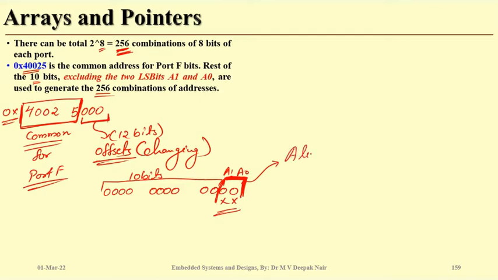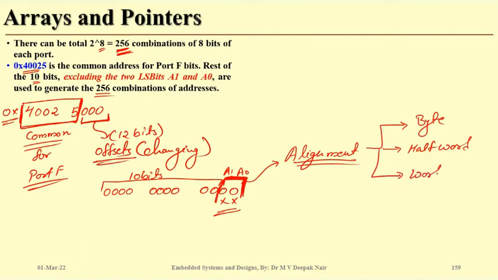Anyone remember this concept? Alignment of memory. We discussed alignment of memory, that means byte-wise alignment, half-word alignment, and full word alignment. Why do we not use the last two bits?